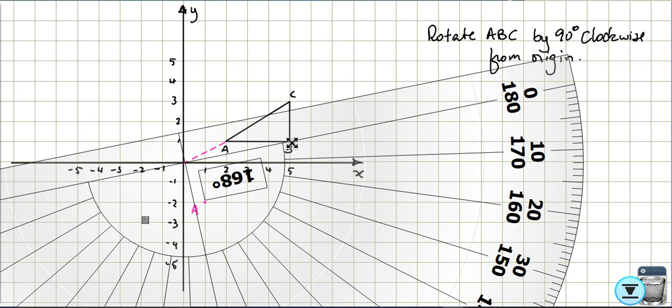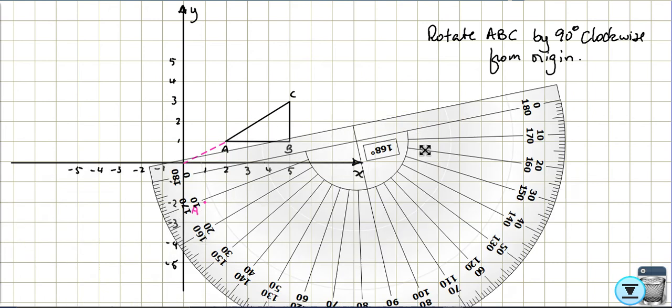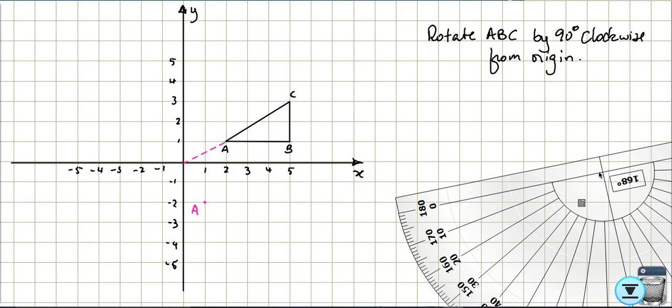B is here. Rotating B by 90 degrees, B becomes here. So this coordinate here, 1, minus 5, will be point B. So I'm going to remove a little bit of this. So 1, minus 5 is going to be coordinate B.